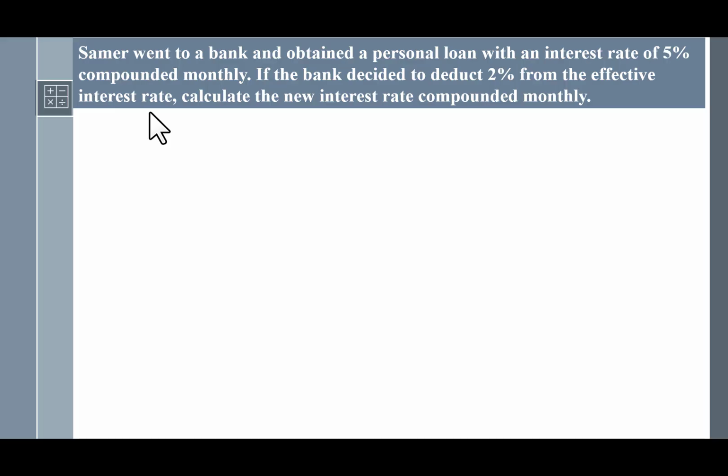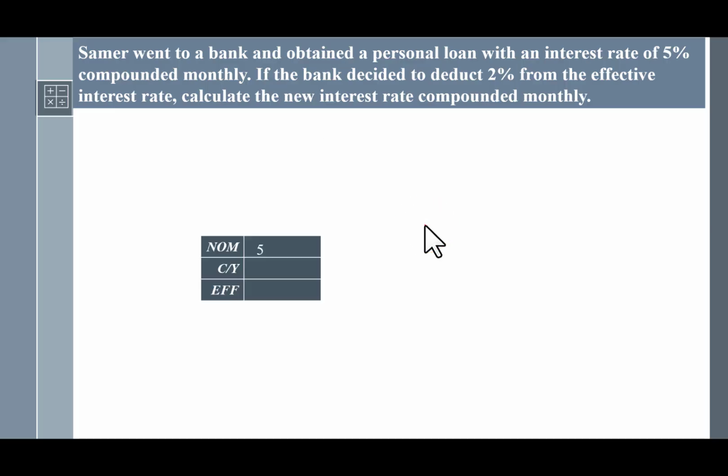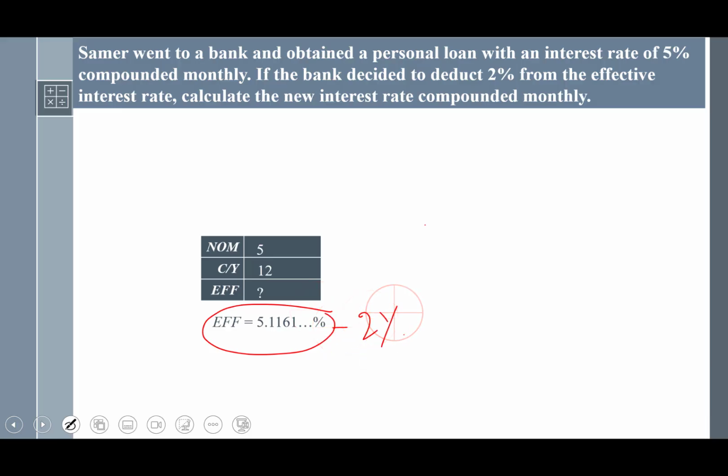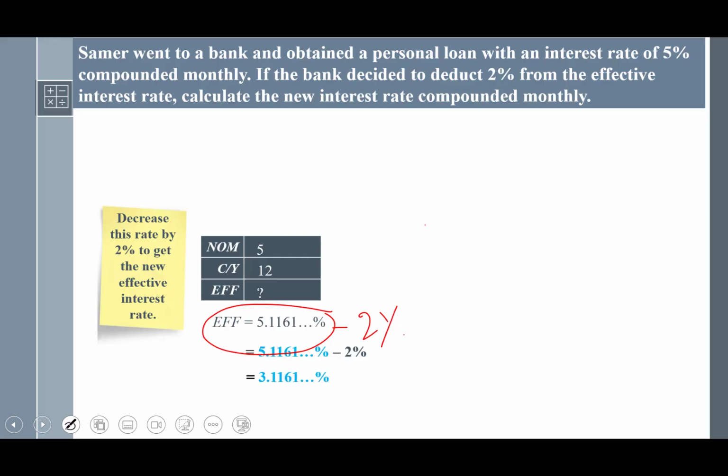So we cannot subtract 5 minus 2 and say it's going to be 3%. So it's the same idea here, but we're not changing the compounding frequency. The only thing is, once we find the effective interest rate, we subtract 2% from it, then we go and find the new nominal interest rate. Okay, so we're going to start with the nominal at 5%, compounded monthly, and we're going to find the effective. Now we're going to subtract 2% from this effective, and we're going to store it in the effective interest rate.